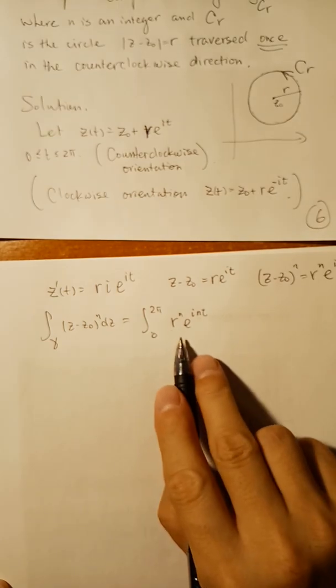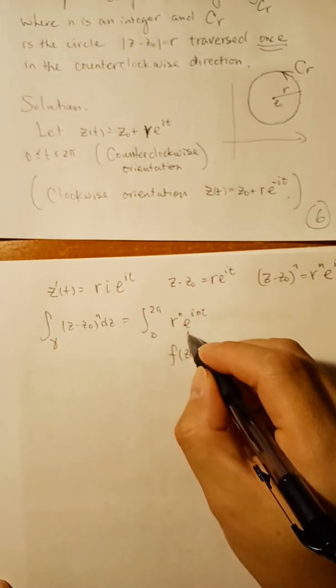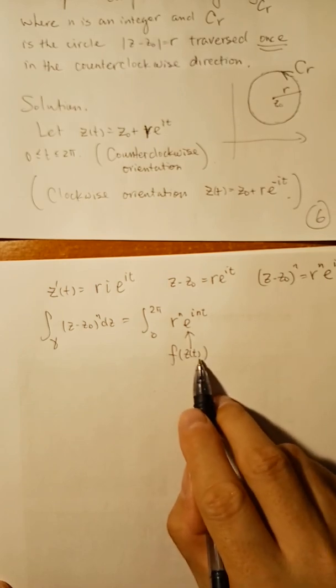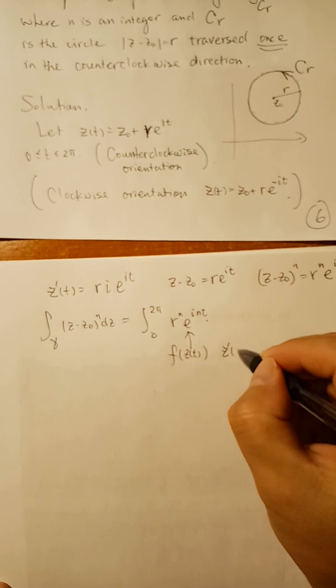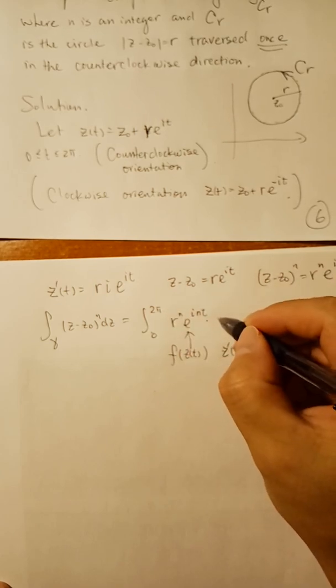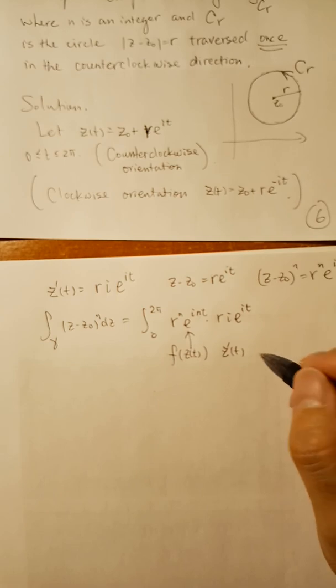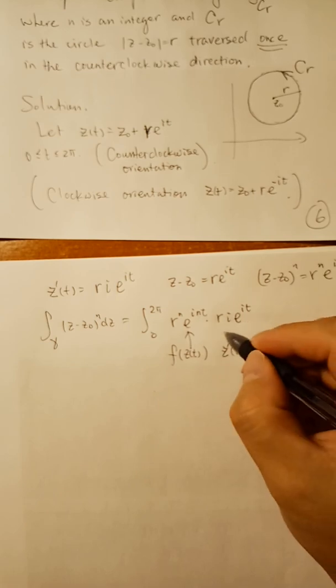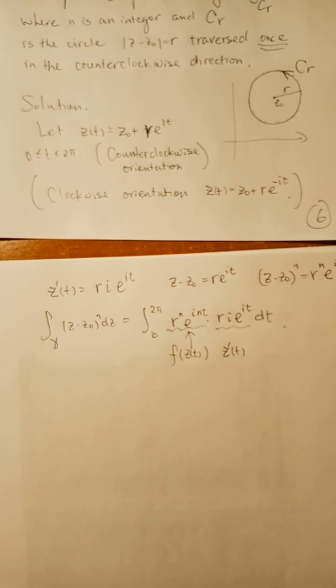So this is f of z(t), times z'(t), which is R i e^(it), times dt. Okay?